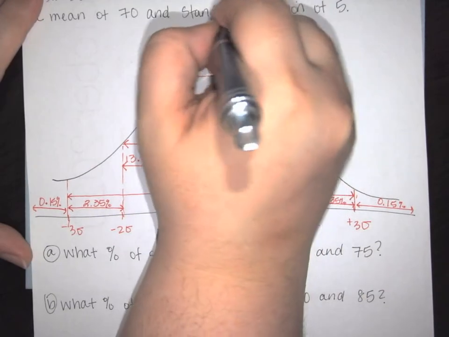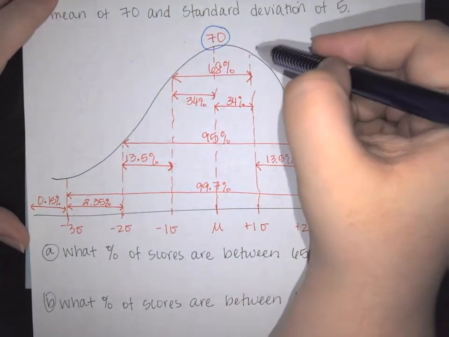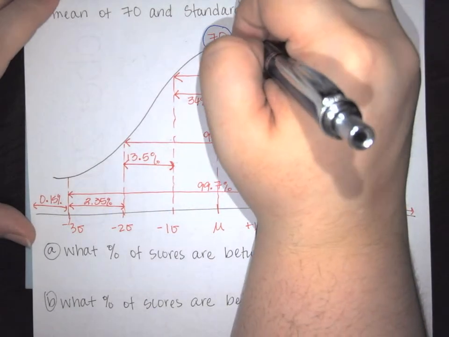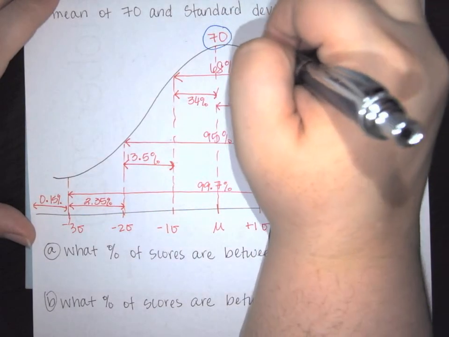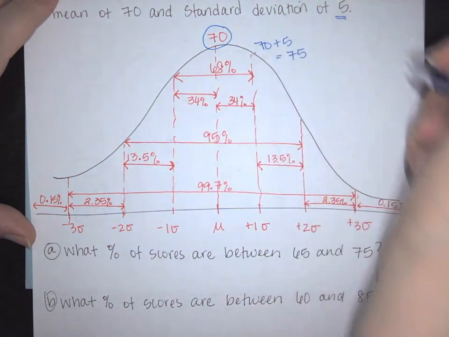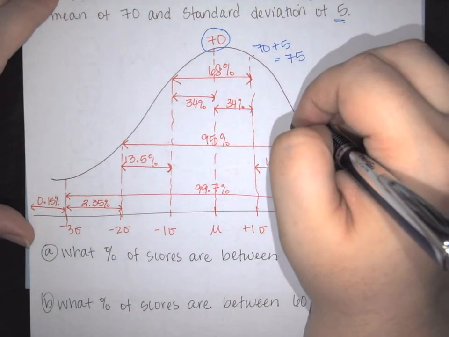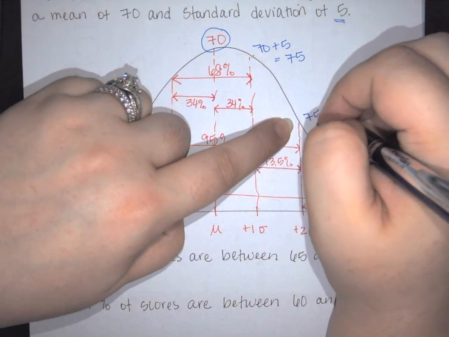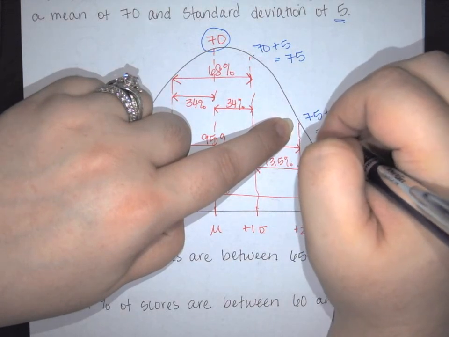Now that being said, we have to fill in our numbers. If this is our mean, which is 70, to go to my first, I have a standard deviation of 5. So this would be 70 plus 5, which gives you 75 as my first. My second would be 75 plus 5, which gives you 80.